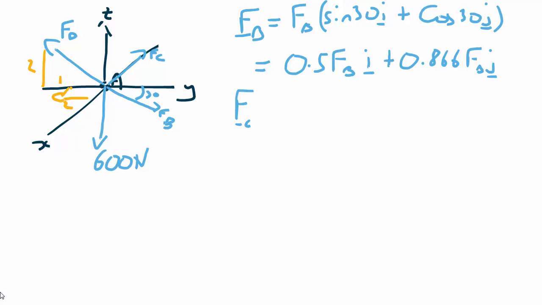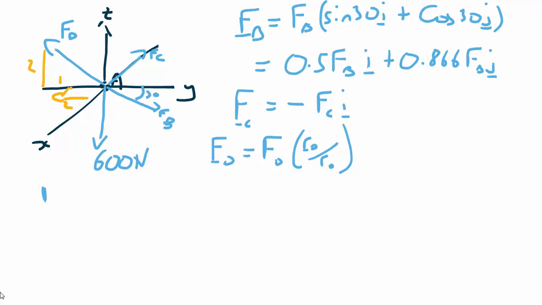FC is nice and easy. It's only in the negative x direction, so it's minus FC i. And FD is the slightly longer winded one. It's going to be FD times RD over the magnitude, so the position over the magnitude of that position.